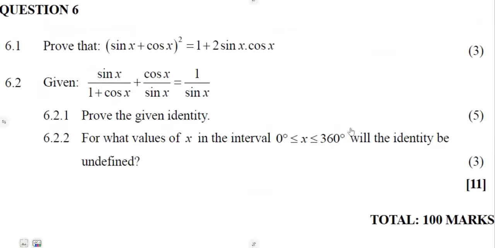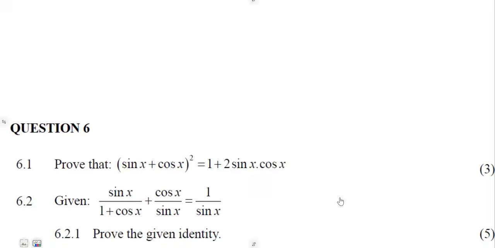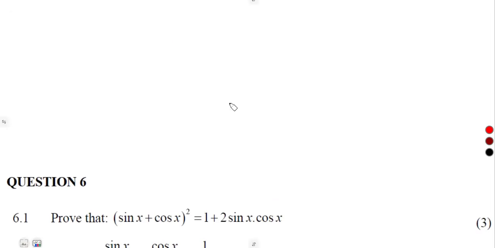Number 6, prove that this identity here is the same. All right. How can we prove that? 6.1. So I'm going to take the left-hand side. That's complicated. Sine of x plus cos of x, squared.